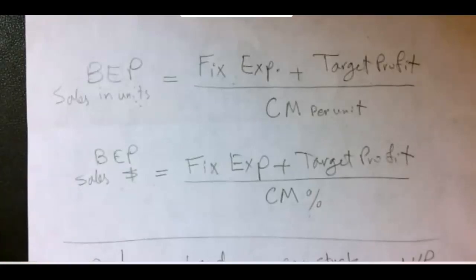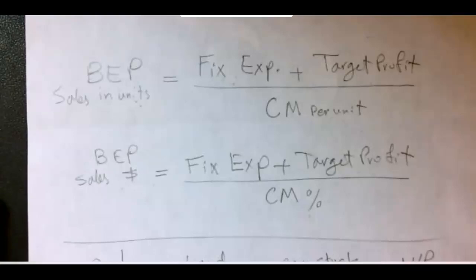But because we are calculating break-even point, then our target profit will be 0. So for break-even point, the manager is thinking how to pay for all fixed expenses and having a zero target profit just to survive, just to break even, divided by contribution margin per unit.